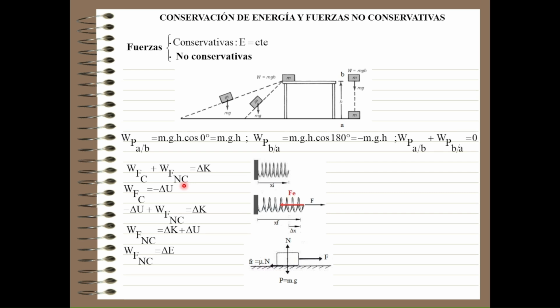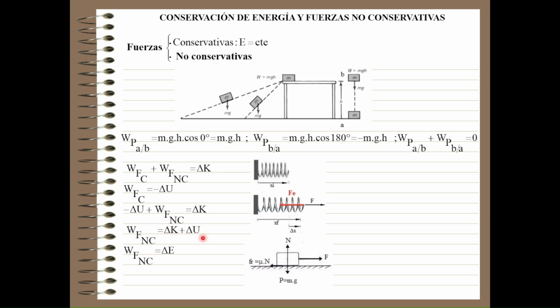From the work-potential energy theorem, we know that the work done by conservative forces is equal to the negative change in potential energy. Substituting this into the expression, we obtain this equality.